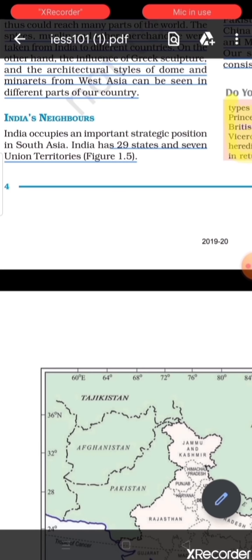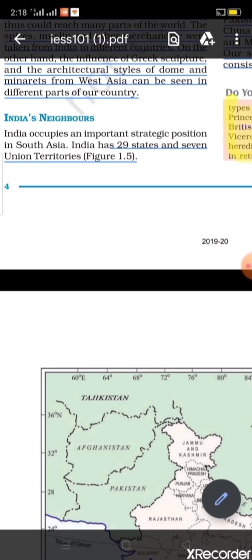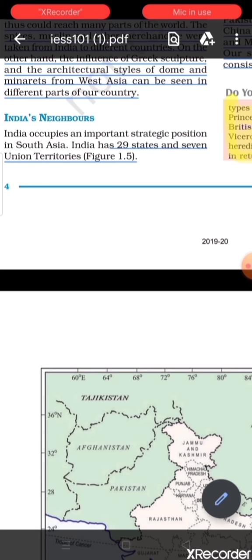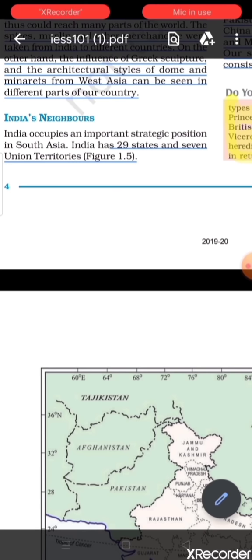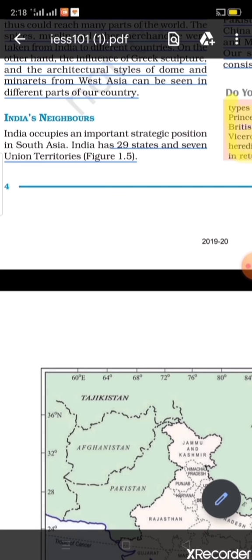Now students, it is written here that India has 29 states and 7 union territories. See students, it has not been updated; India now has 28 states and 8 union territories.